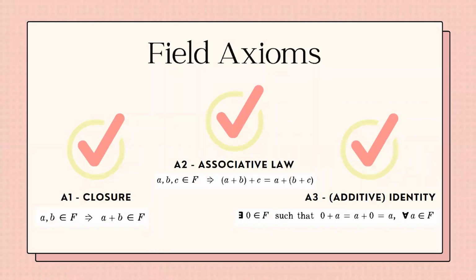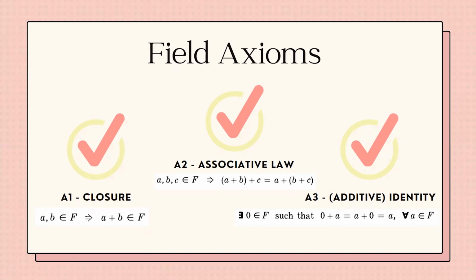As you can see, I have here the codes A1, A2, and A3, which stand for addition. So we have here the first axioms for a field.